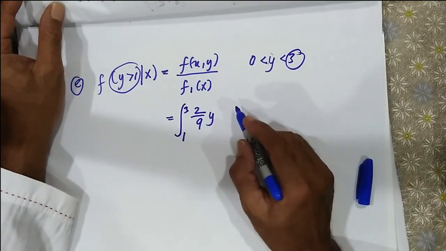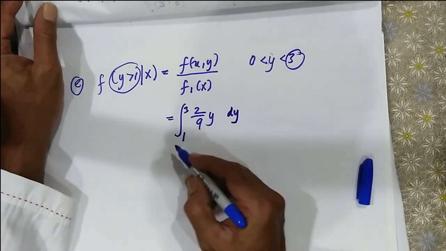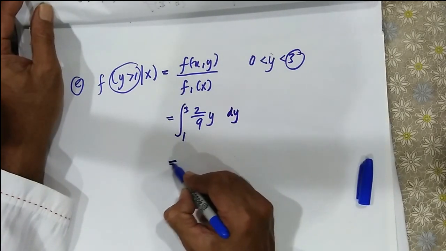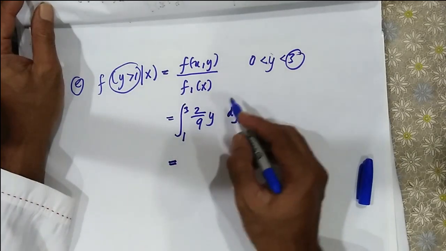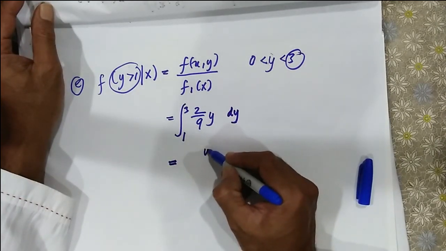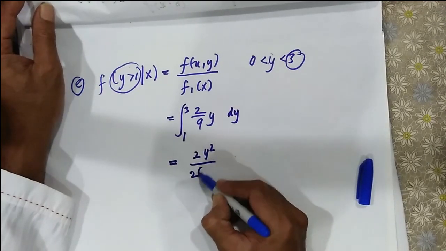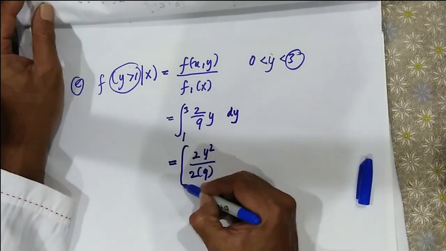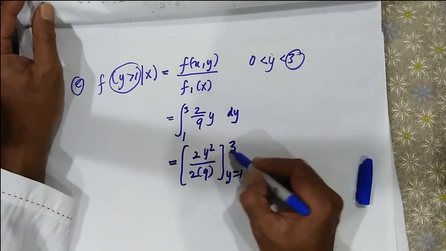So we integrate with respect to y here. If I integrate, we'll have y squared over 2 multiplied by 9. So substitute for y equal to 1 and 3.